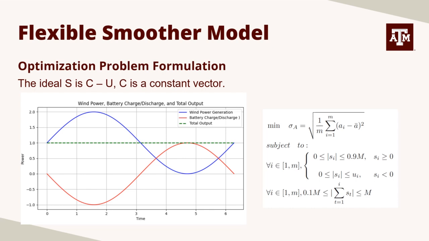However, real-world challenges make this much more complex. Battery capacity limitations mean that during periods of high winds, we may not store all the excess energy, and the limited discharge rates might not fully meet demand during no-wind periods.